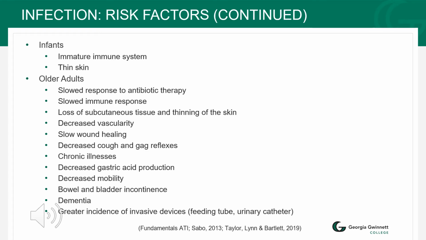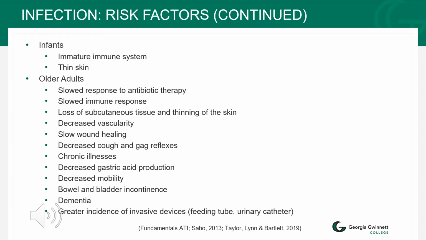So the older adult is more at risk for infection, and you need to be aware and you need to know why, right? So the older adult has different physiologic changes that will make them more susceptible. They have age-related loss of skin tissue, subcutaneous tissue, their skin gets thinned.